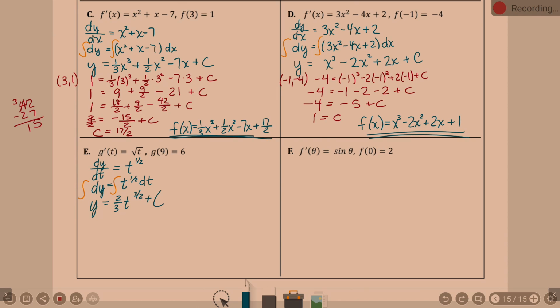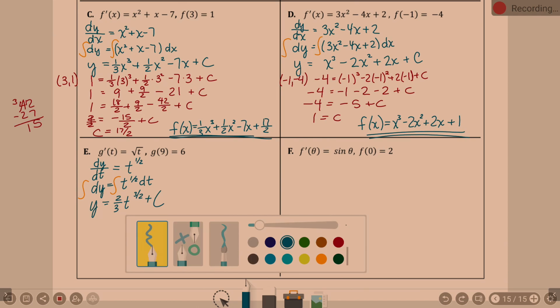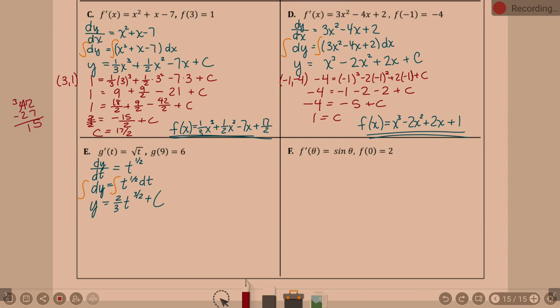Is it 9 cubed in the square root of 2, or am I wrong? Hold on. 6 equals 2/3 times 9 to the 3/2 plus c. Okay, so this is 2/3.